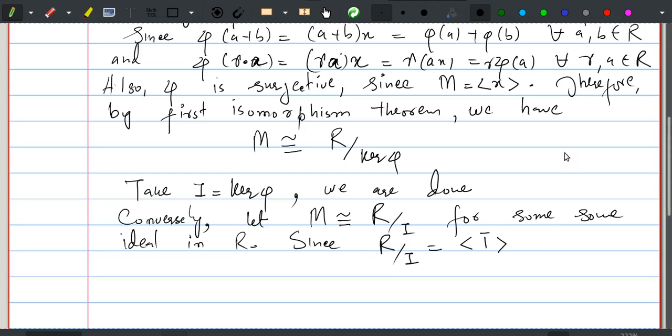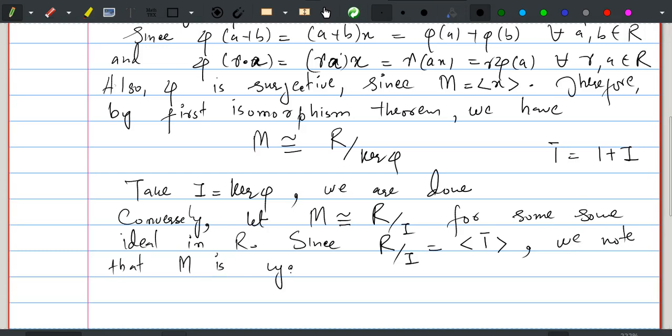Here, by one bar we mean the coset 1 plus I. Now every element of R mod I is actually a multiple of 1 plus I. Since R mod I is this, we note that M is cyclic, since this R mod I is cyclic, generated by one bar.